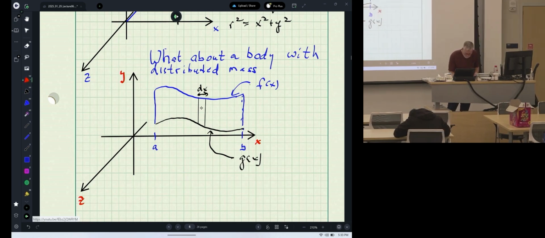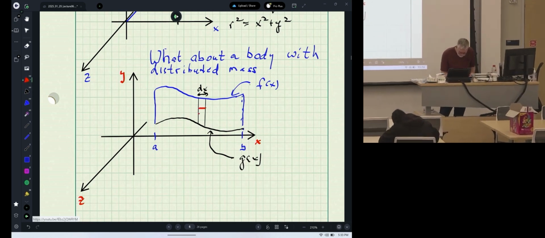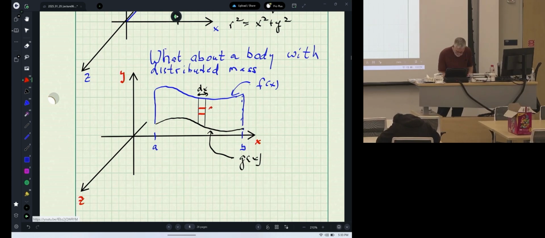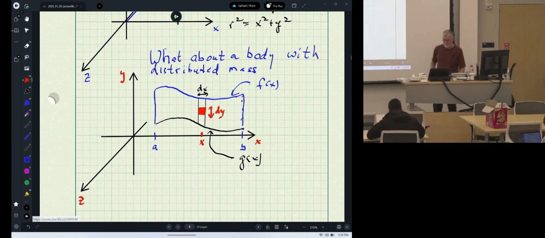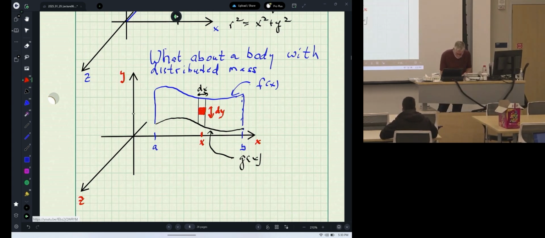Now we're going to do a little tiny bit of two-dimensional calculus. This point is x, and this point is the y coordinate.